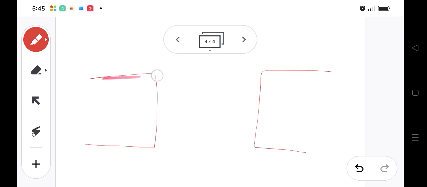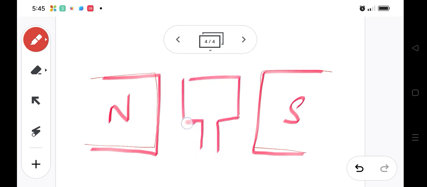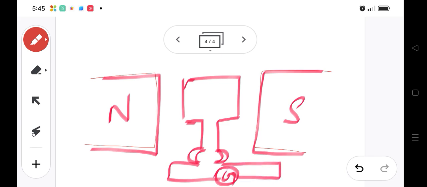North pole is here, south pole is here, and in between there's an armature coil which is attached to split rings. Here a galvanometer is connected to detect the presence of current. We are providing mechanical energy to this armature coil so that it gets rotated. Already we know it has the freedom to rotate, because split rings are connected to it.